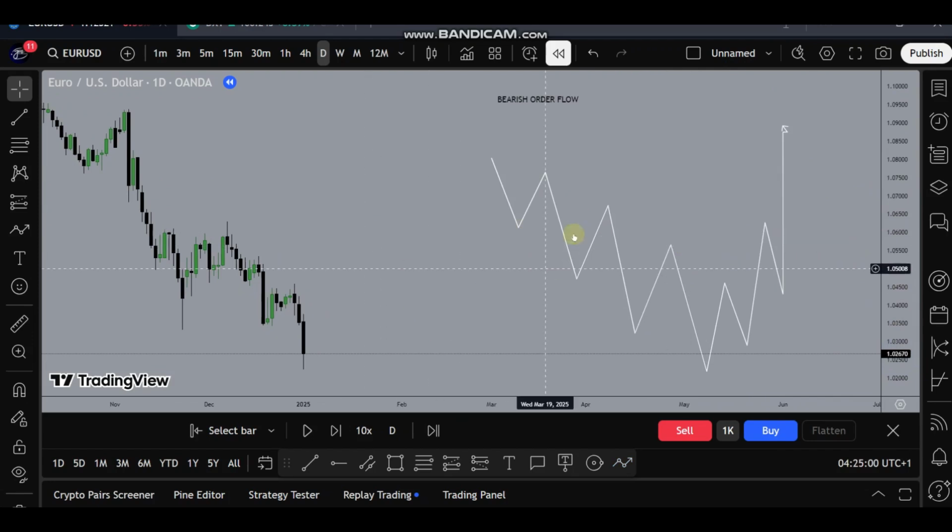So what are the characteristics of a bearish order flow? What will you see, so that you can now say that you have spotted a bearish order flow? First of all, let me label this.